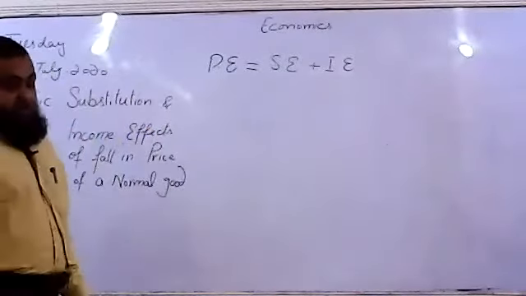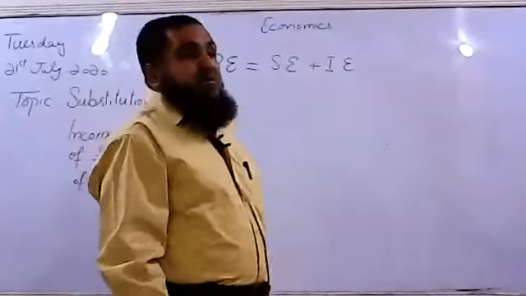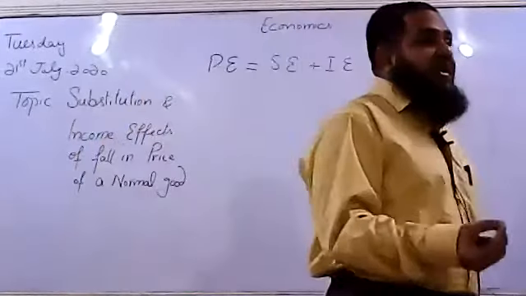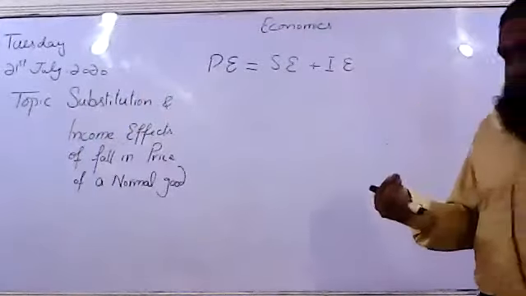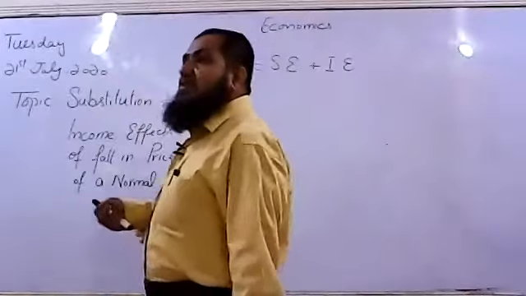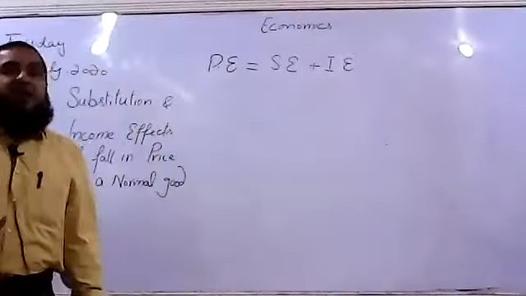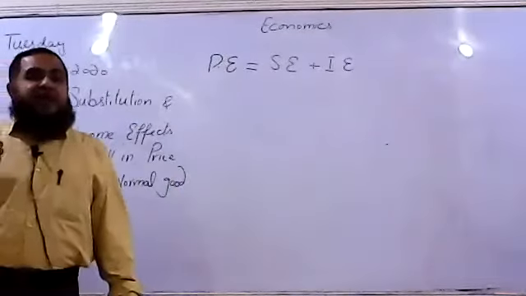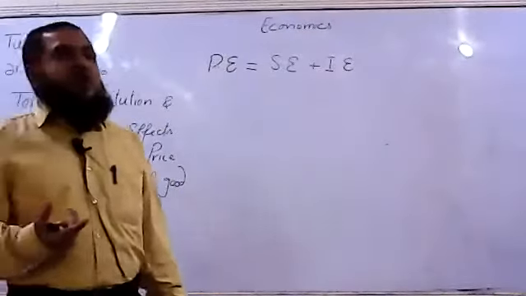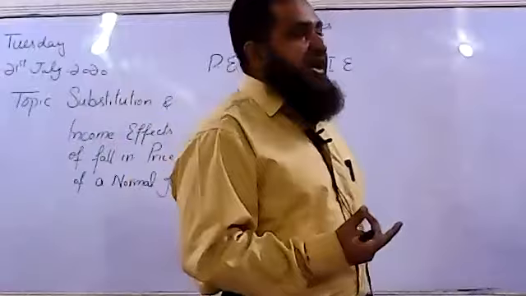And what is the income effect? When the price of a commodity decreases, the real income of the consumer increases. Real income means what? His or her affordability in real terms to buy more units of a commodity will increase.